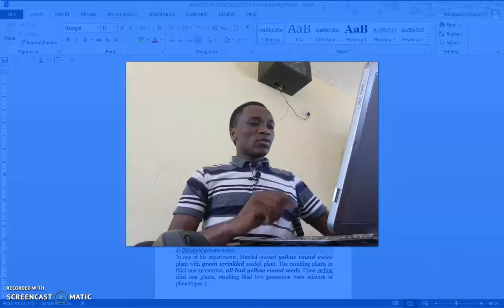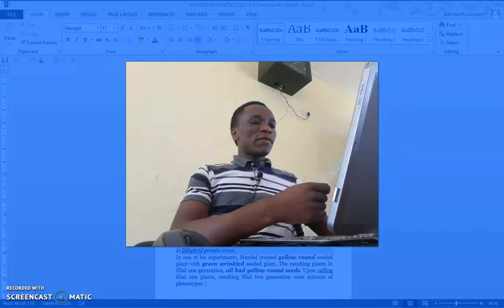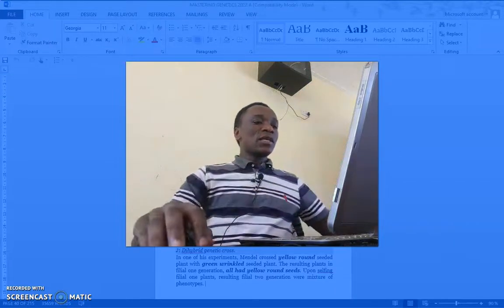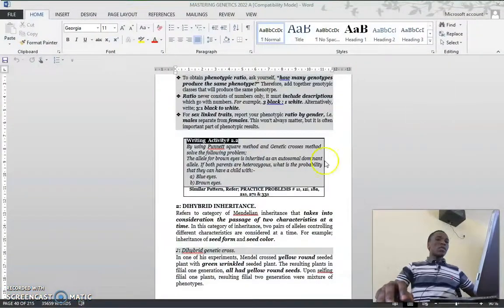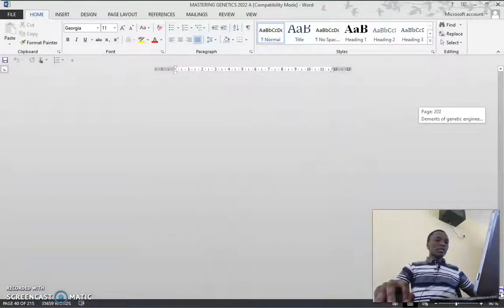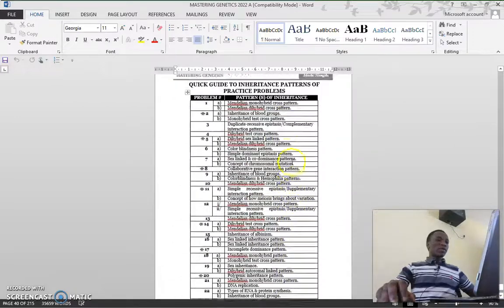So that's how things go with this guideline, and I think very soon I will have a guideline on this practical book to show the important things within it. Moving to the very end of the book now, you will find what we call the quick guide to practice problems.